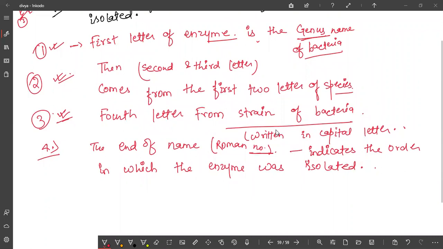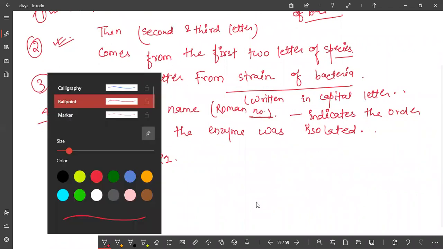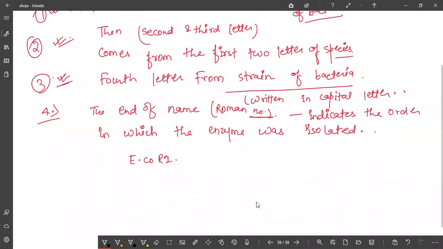We were discussing the nomenclature of the enzyme. Here I have written EcoRI. How have we written this? What are the criteria according to which we have written the name of this restriction enzyme? This E comes from the genus of the bacteria. So this enzyme was isolated from which bacteria?